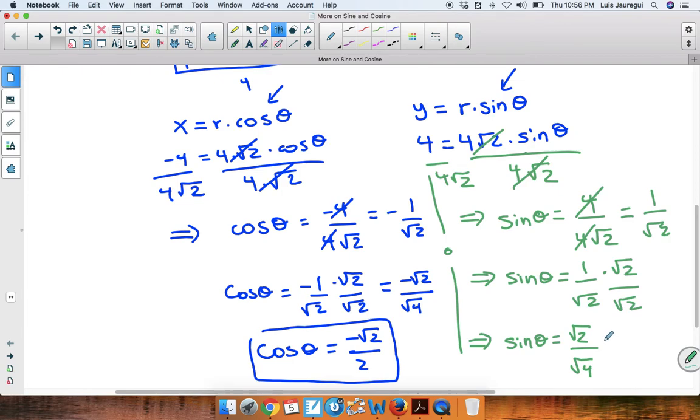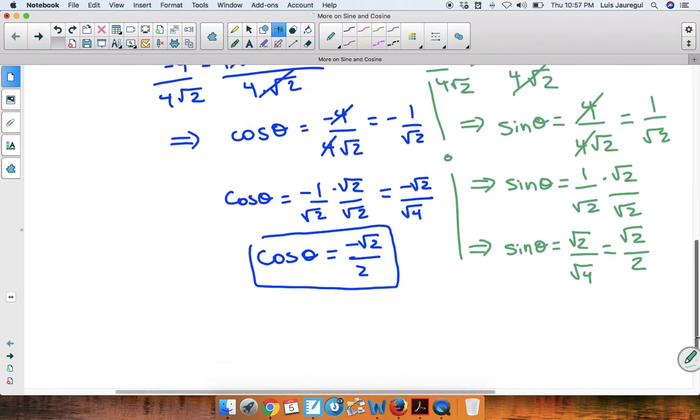And that's a perfect square, so we can simplify this as square root of 2 over 2. So sine of theta is equal to square root of 2 over 2. And notice we were successful at finding the value for cosine of theta and the value for sine of theta.